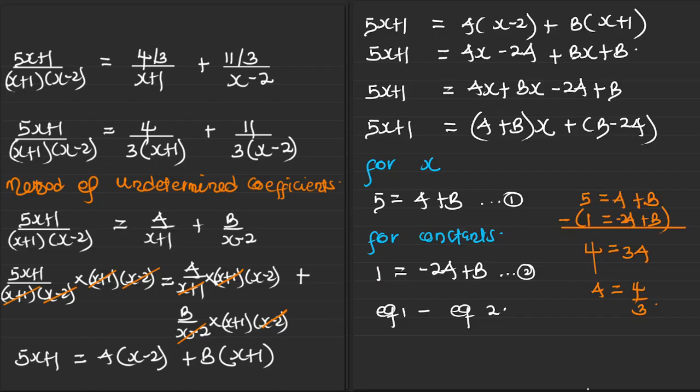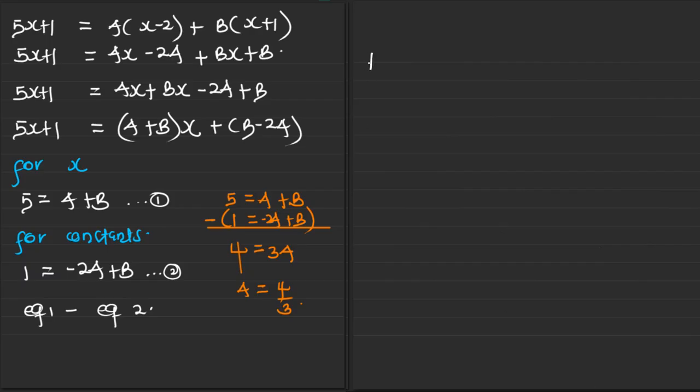So let's go to the next page. So put A into equation 1. So A into equation 1 simply means for A plus B, or for 5, which is equal to A plus B, we are going to have 5 equals A, which we said was what? 4 over 3.